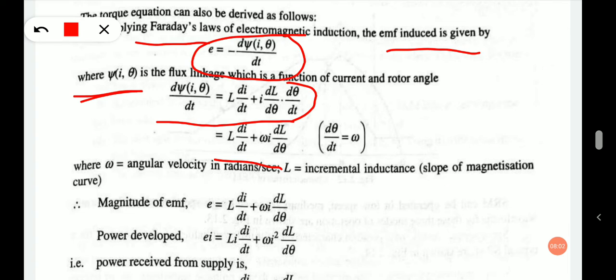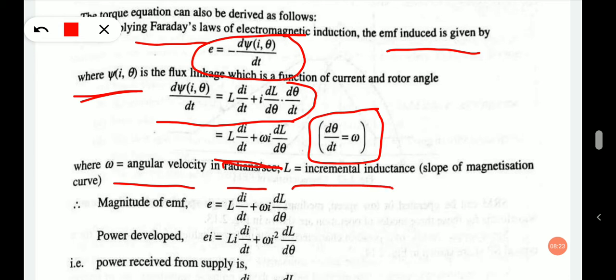Therefore, L di by dt plus omega i dL by d theta, where d theta by dt is omega, and omega is angular velocity in radian per second, and capital L is the incremental inductance, that is the slope of the magnetization curve.